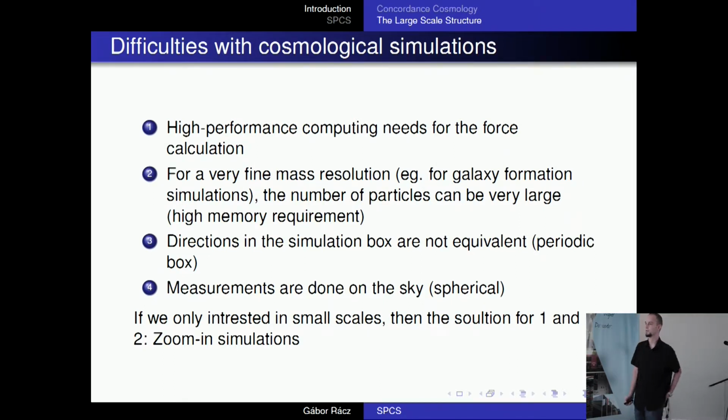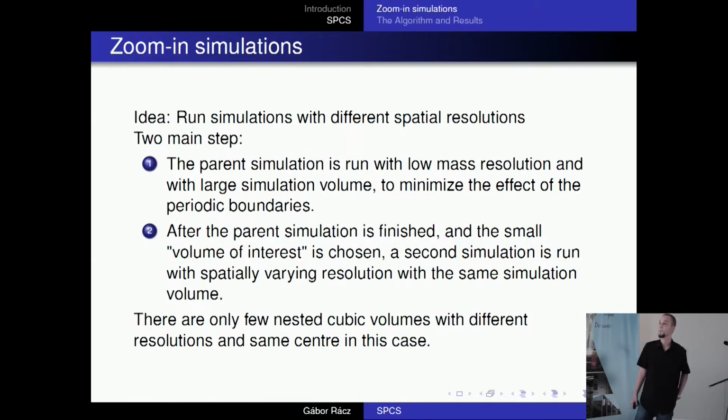So if we are only interested in small scales, for example galaxy formation, then for the first two problems we could use zoom-in simulations. The main idea is to run simulations with different spatial resolutions. It has two main steps.